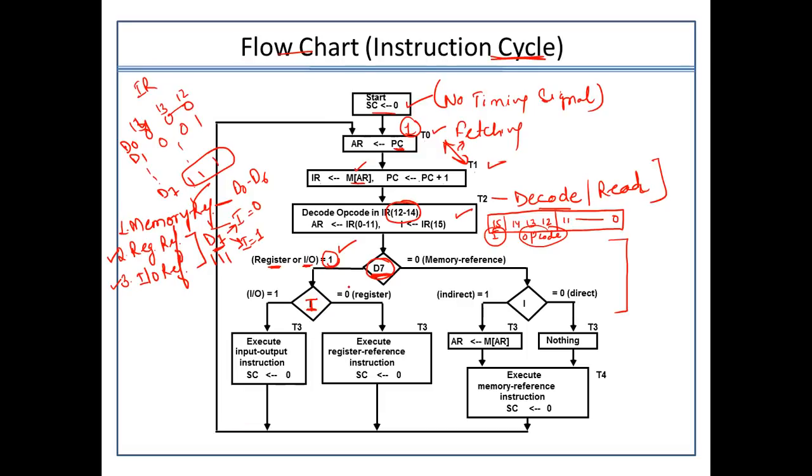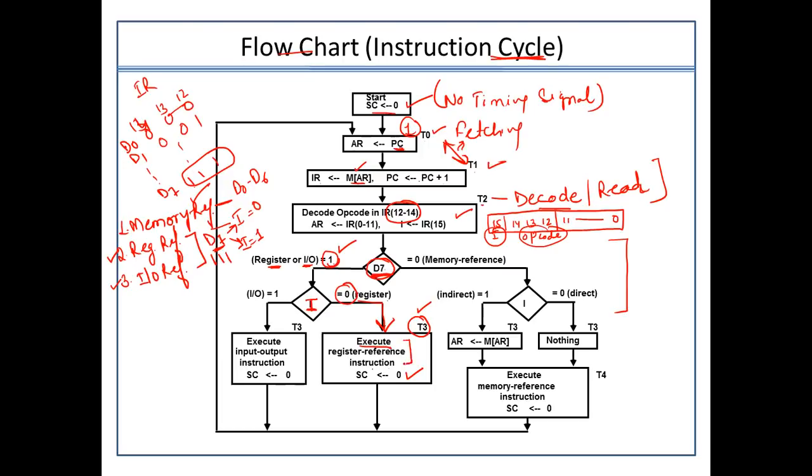If the mode bit is equal to 0, for D7 equal to 1, then it is a register reference instruction. In the T3 clock pulse, after T2, I have to execute the register reference instruction and clear the counter to 0. Why?